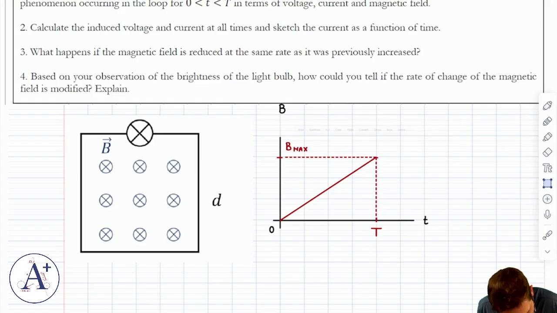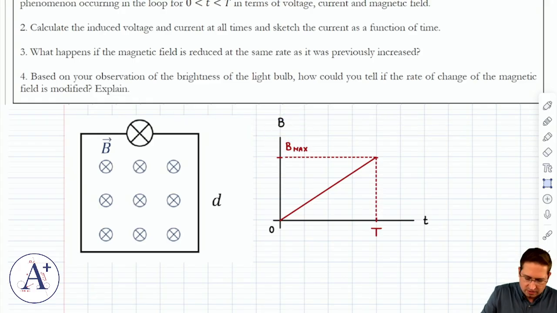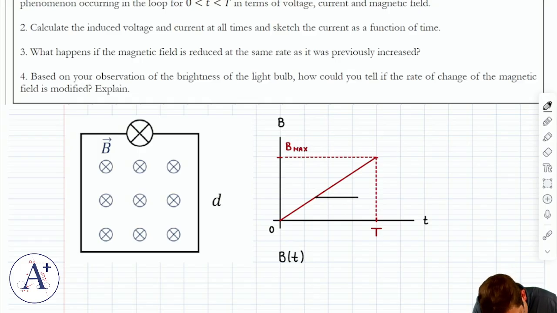Even better than that, it is a function of time that I can work out because it's pretty easy to find the equation of a line that goes through the origin. All I have to do is find the slope, and that will relate B to the variable t. So if I wanted to find B as a function of t, I would find the slope here. The slope m is equal to delta y over delta x, or rise over run.